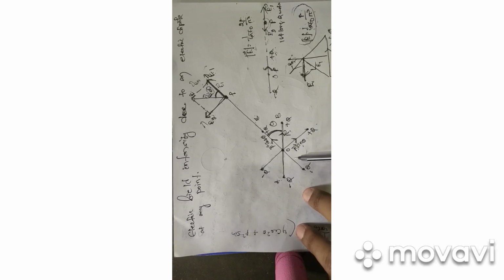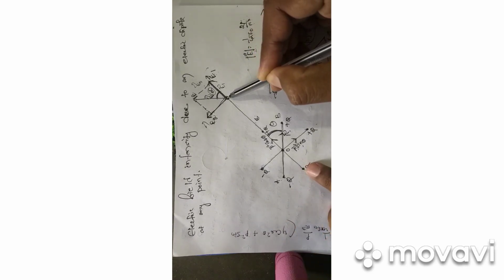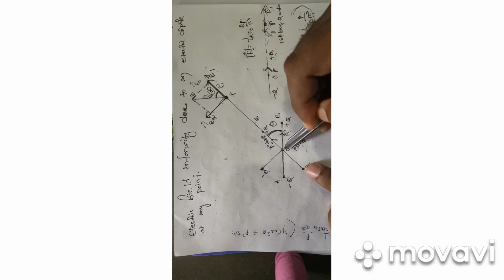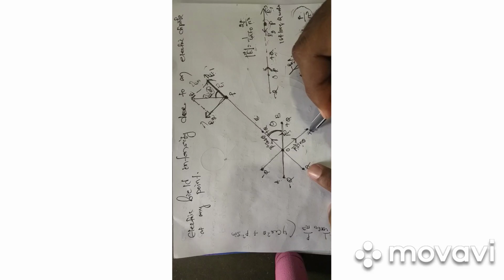Similarly, the point P, at distance r from the center of the dipole, also lies along the vertical direction.